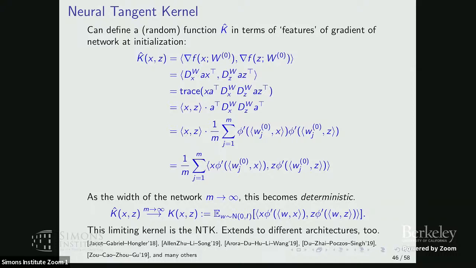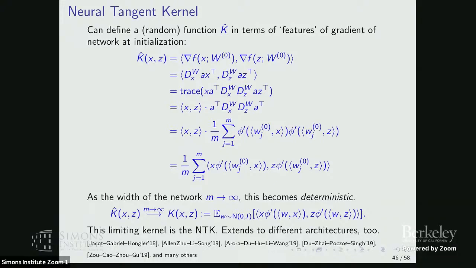When we take this average, we're left with an average over Gaussian random variables, because the wj0 are sampled from a standard Gaussian, of the inner product between x phi prime at x and z phi prime at z.